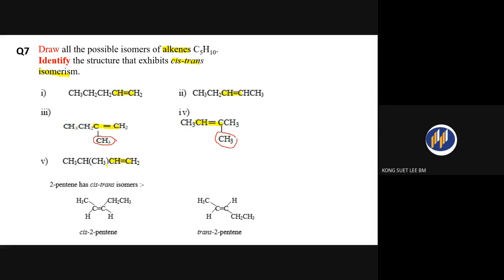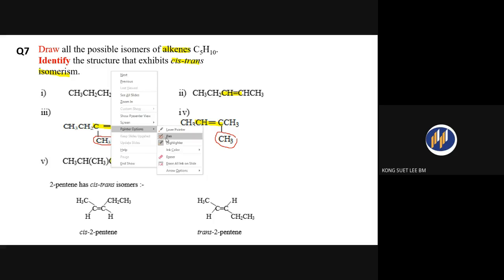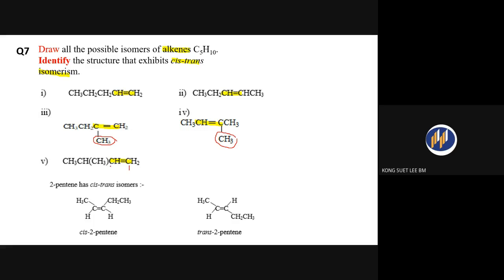Okay, alert: this one, the branch is at the C. This one is C1, C2, C3, so the branch for this carbon is at C3, but for this one, the branch is at C2. This one at C2 as well, but the carbon-carbon double bond is at C1. This carbon-carbon double bond is at C2. So that's why in total there are 5 isomers for alkene C5H10.